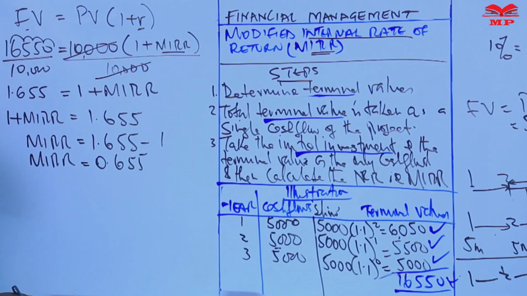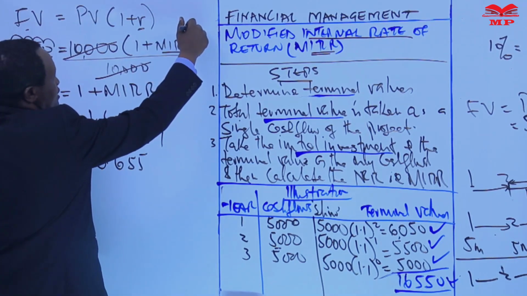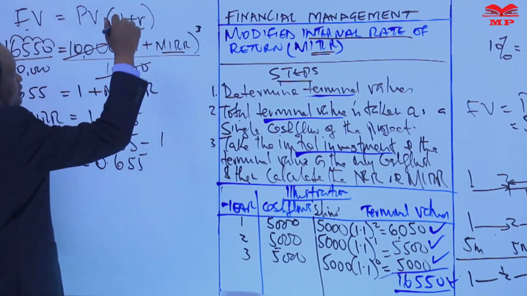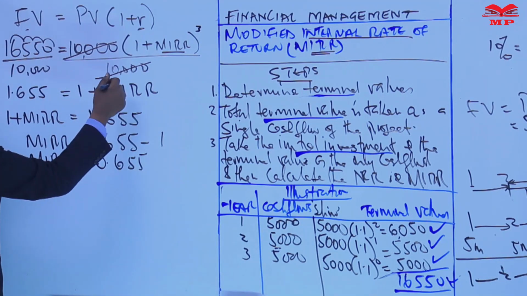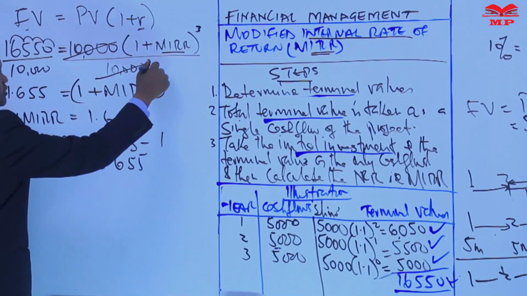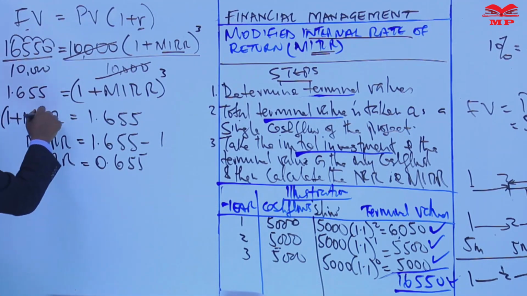And that, is that true? Is that accurate? I left the power. Yes, I left the power. The power is 3. So there is a power of 3 here. There is a power of 3 here.